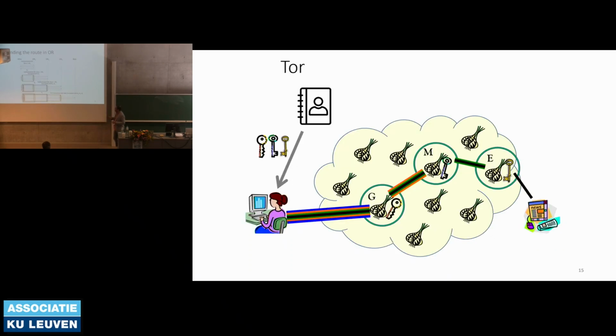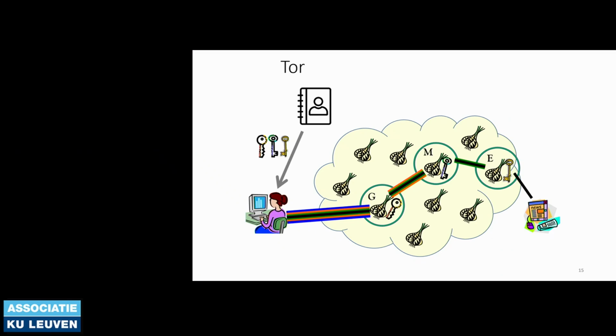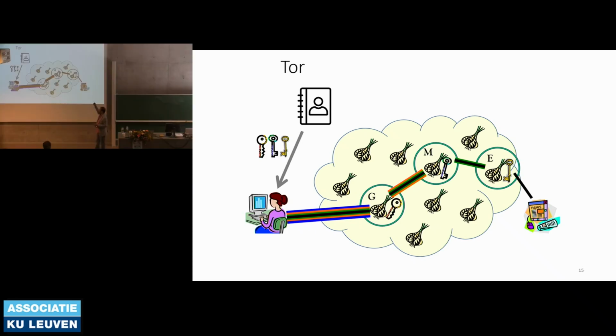Okay. So now we have a bidirectional channel between Alice and the exit node through the guard node and middle node. The guard node can only see Alice and the middle node, the middle node can only see the guard node and exit node, and the exit node can only see the middle node and the news website.